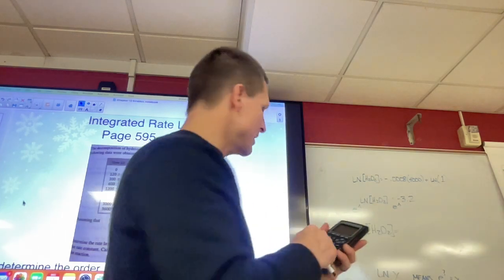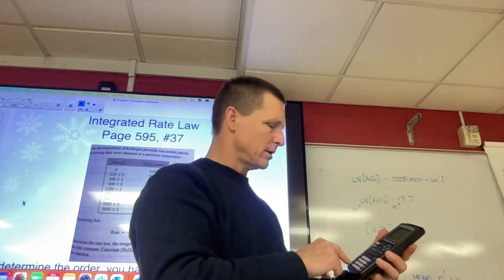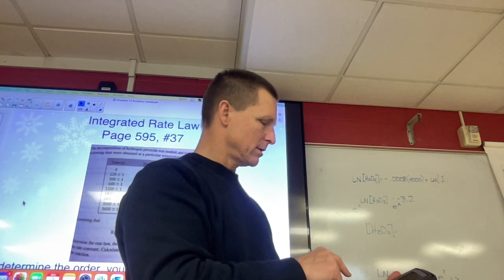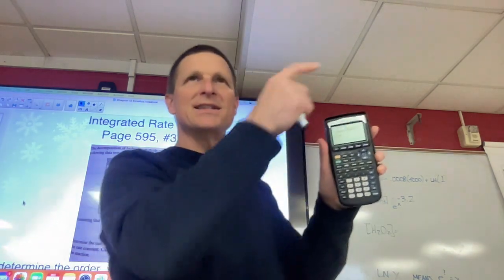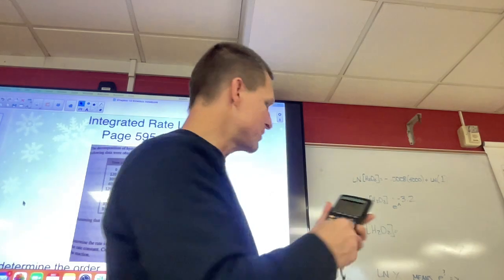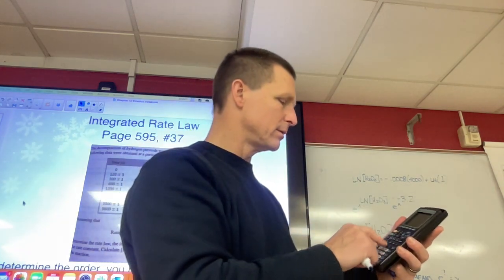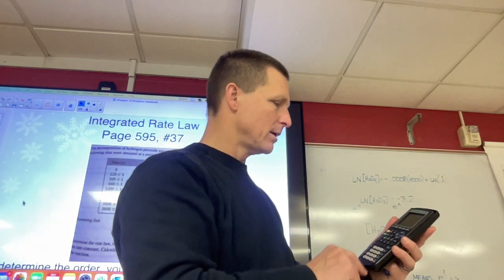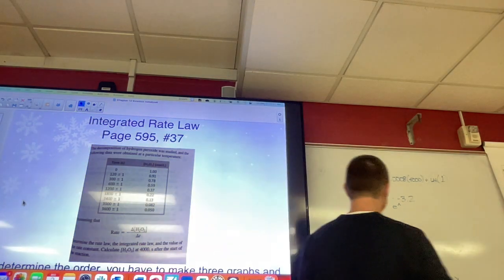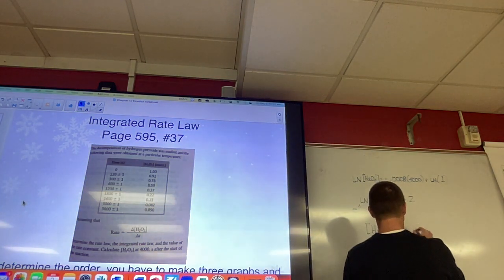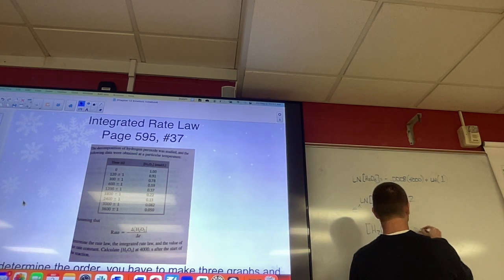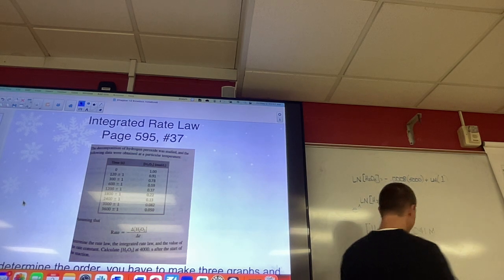So what we do is we just enter second ln, your calculator says e to the power, and then you just enter negative 3.2. And the answer is hydrogen peroxide concentration is equal to 0.041 molarity.